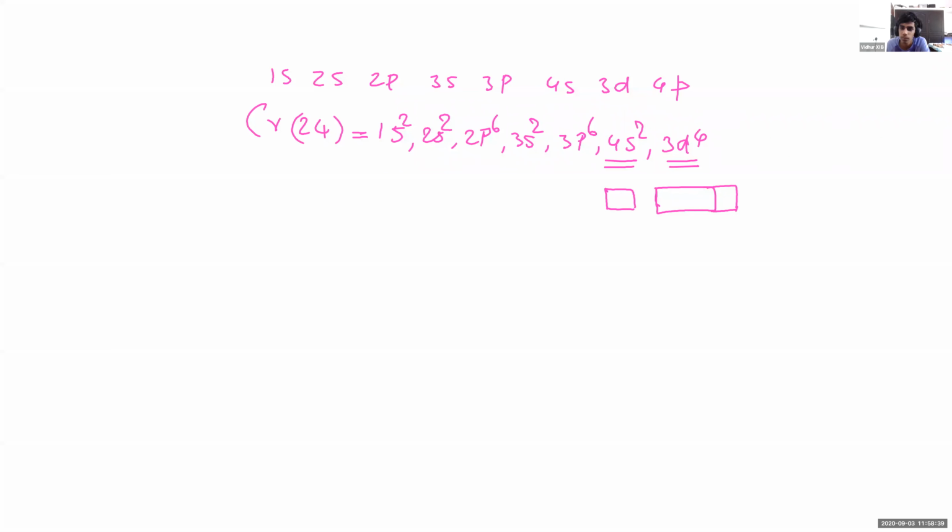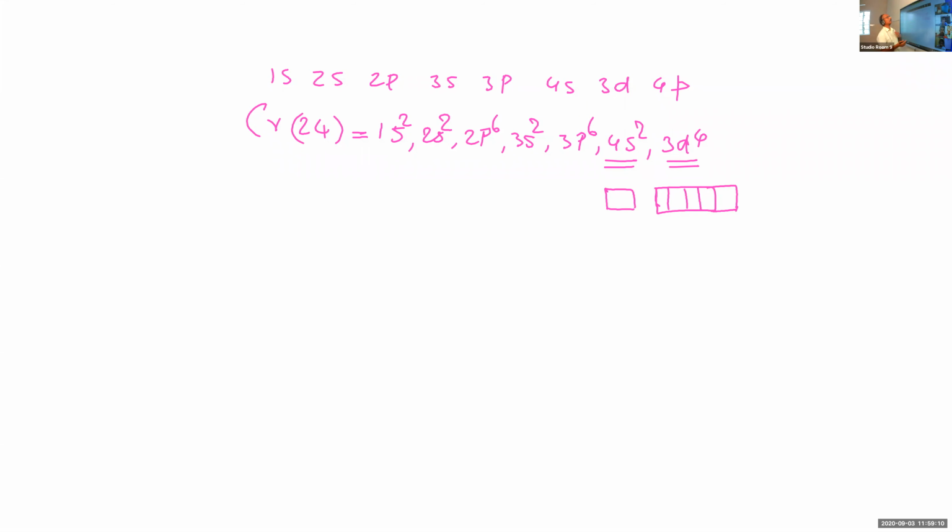One orbital for s, 3 orbitals for p, 5 orbitals for d. And these 5 orbitals are shown by means of 5 boxes. This is not the shape. The shape we have seen, double dumbbell and all that. So for simplicity, we are showing the orbitals by means of boxes like this.